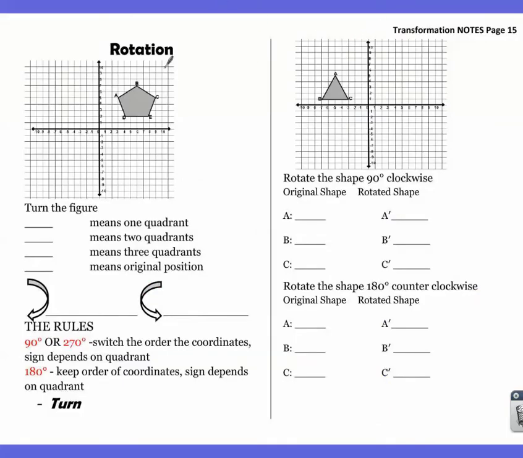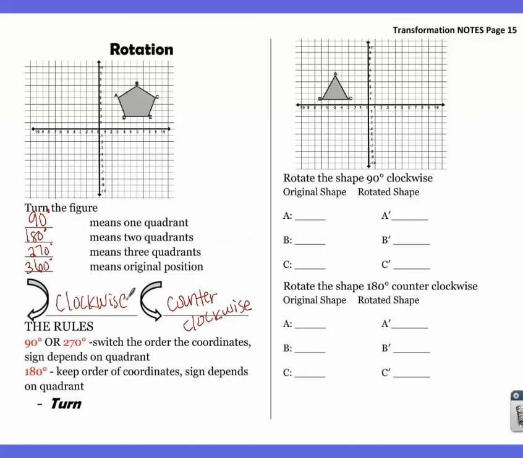So here's just another reminder. Rotations, where you're turning the figure: if you move it 1 quadrant, that means you're moving 90 degrees. If you move 2 quadrants, that means you're moving 180. 3 quadrants is 270. 4 quadrants, which is 360, that's the original position. Clockwise is where you're turning it right. Counterclockwise is where you're turning it left.